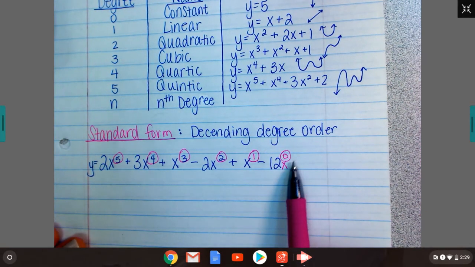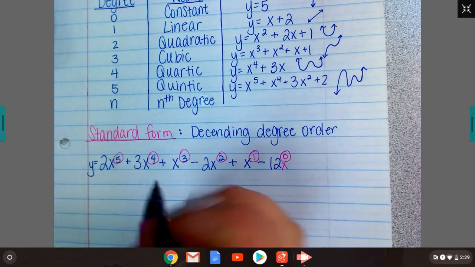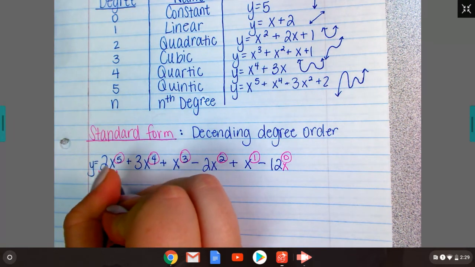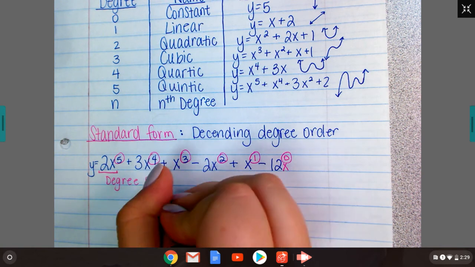There's not even an x there, so it's like an x to the 0. So descending degree order, and now I can tell that the very first term is the leading coefficient. So this is the degree 5, and it's called a quintic.